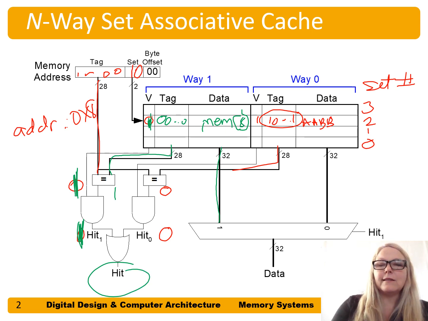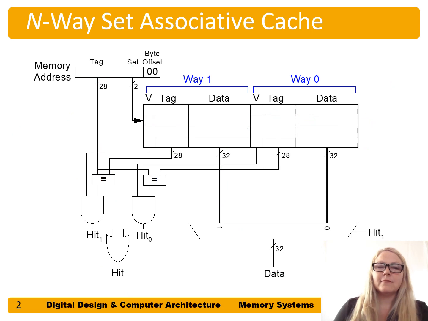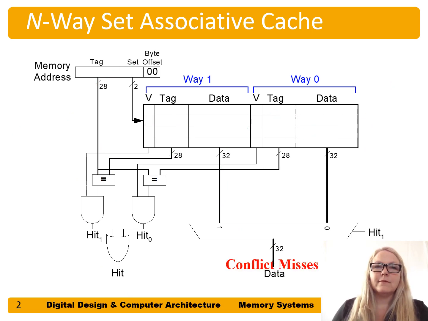The processor would say, yes, it's a hit, and hit 1 would be a 1. And so we choose from this multiplexer, we choose data from way 1. So again, set associative caches, simply called associative caches, alleviate some conflict misses.